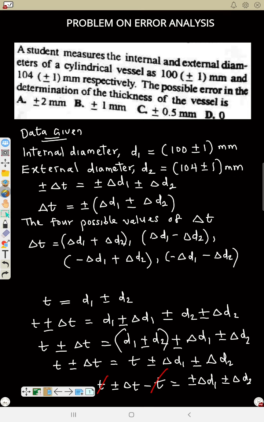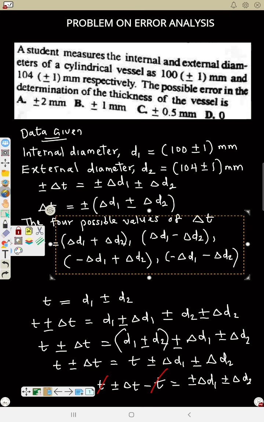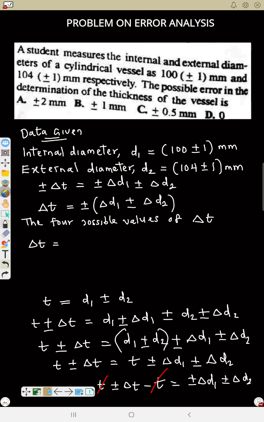So for better understanding of the four values, let me show that part. It can also be like, because it's plus or minus, so that you get the part, it can be plus delta d1 plus or minus delta d2, or minus delta d1 plus or minus delta d2. So this is clear. So that is plus or minus here.